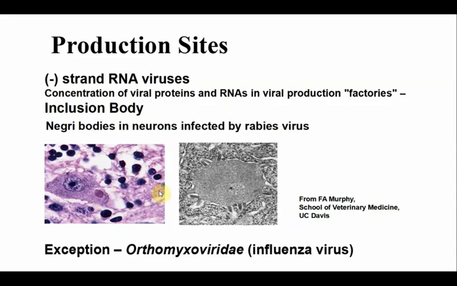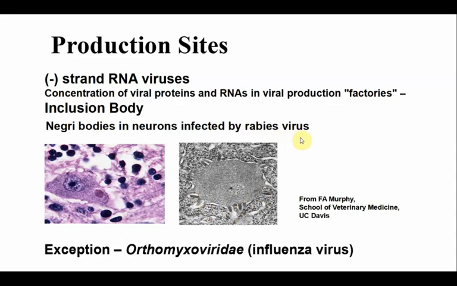And if you look by electron microscopy, you can see that these are regions of a kind of amorphous ribonuclear protein. And then you've got budding out from here the formation of new virus particles. Okay, so rabies virus has got a very typical bullet-shaped nucleocapsid, kind of like this.